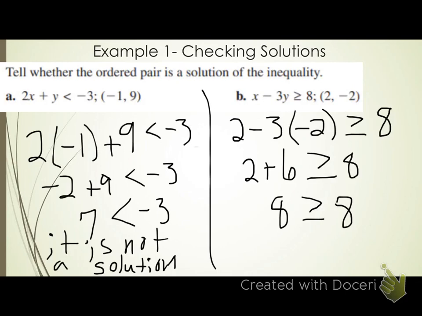So like we said, it is a true statement. So is this ordered pair a solution? Yes, it is. So I'd say it is a solution. Any questions on example 1?